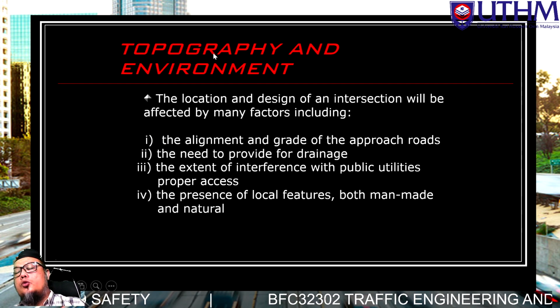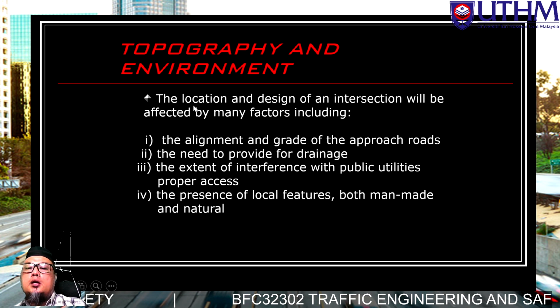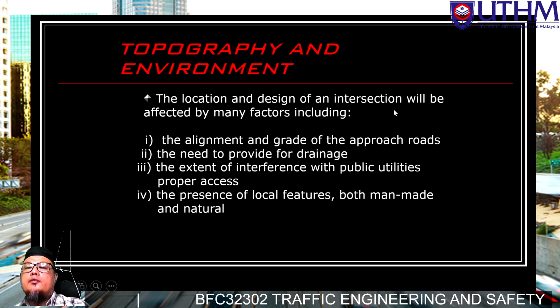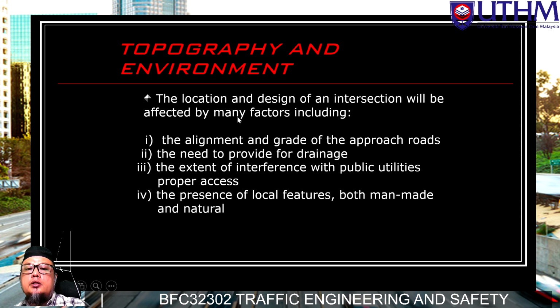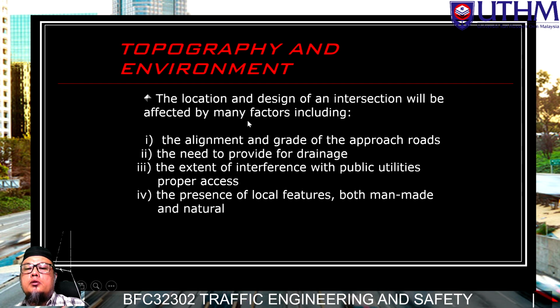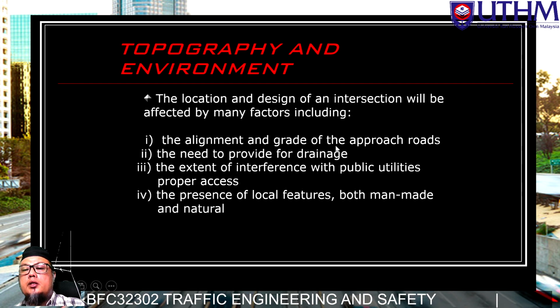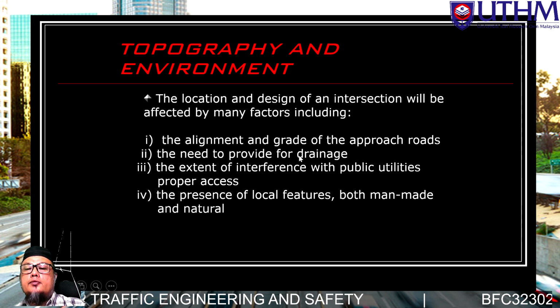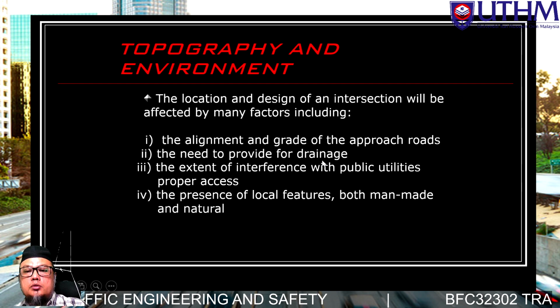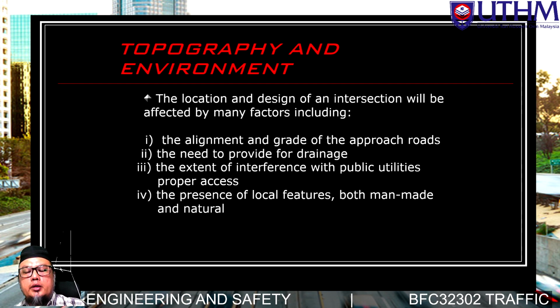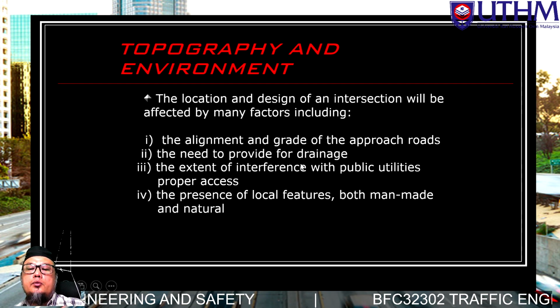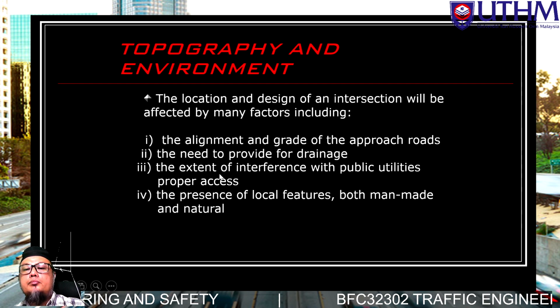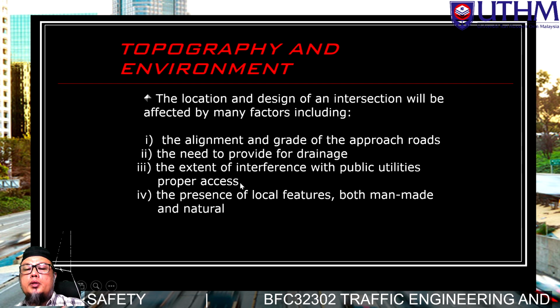Okay, in terms of topography and environment, the location and design of any intersection will be affected by factors including the alignment and grade of the approach road, and the need to provide for drainage. Some roads are very low in lowland areas, so we have to provide drainage. Okay, extent of interference with public utilities and proper access.